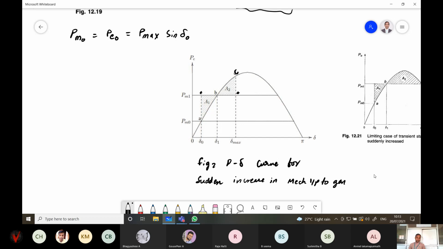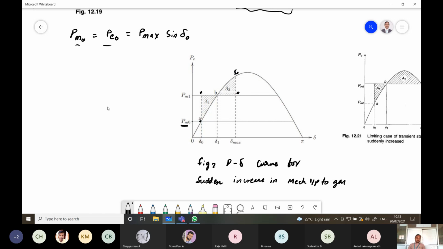So in this case, what happened? Initially the mechanical input is PM naught under steady state condition. Both PM and PE are equal, so it becomes P max sine delta naught, at angle delta naught. The operating point will be situated at point A.